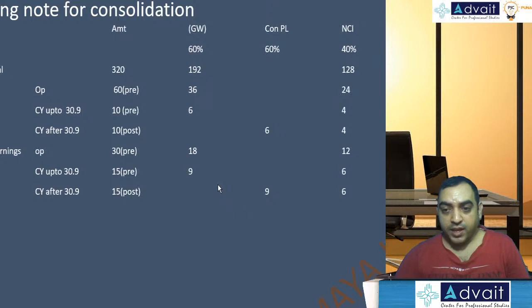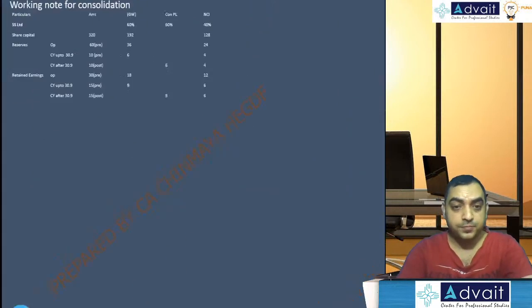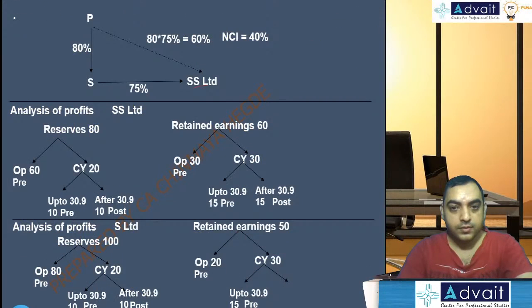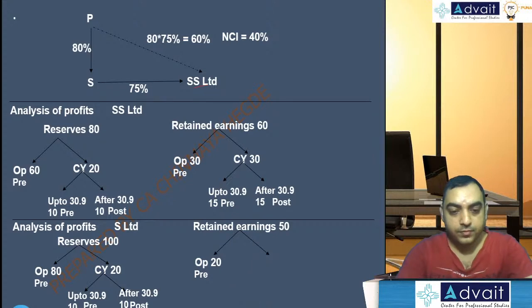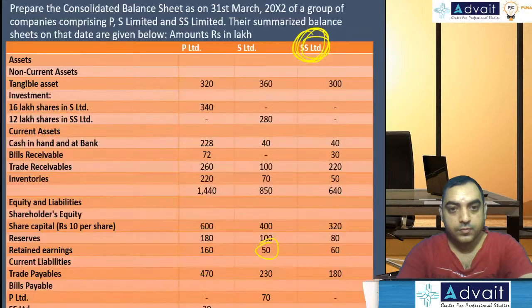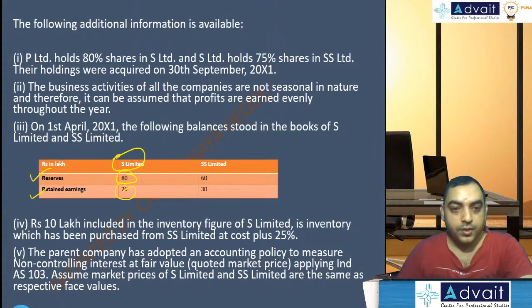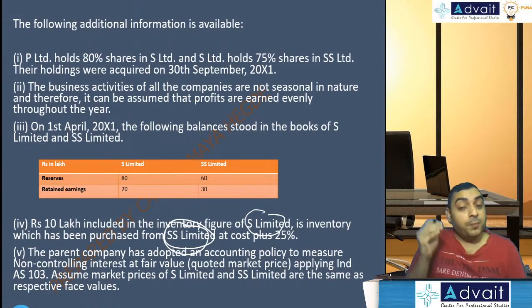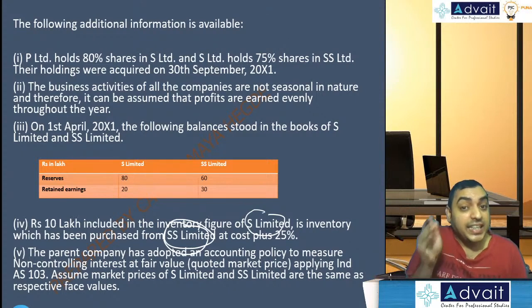Okay, some of you are telling unrealized profit on stock. Is it so? Who is the seller? Let us identify. Inventory includes purchase from SS Limited, so the seller is SS.